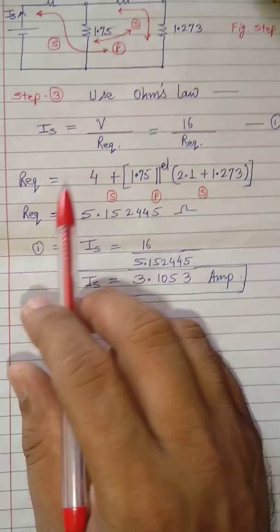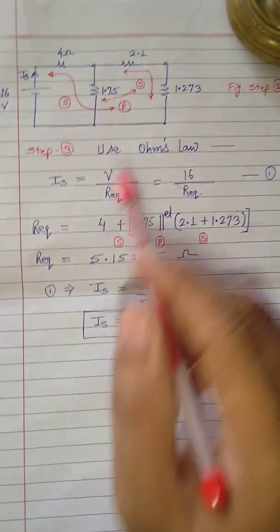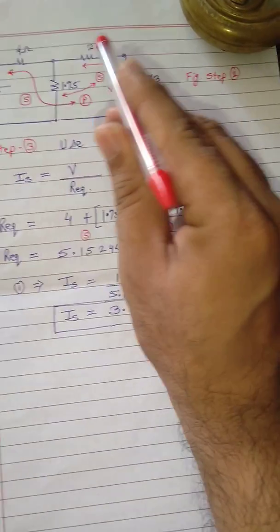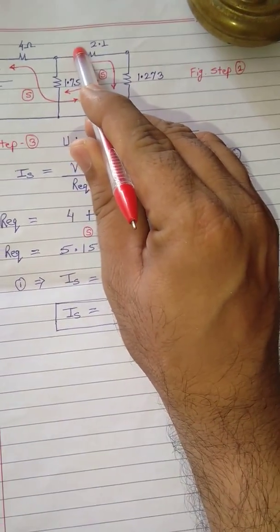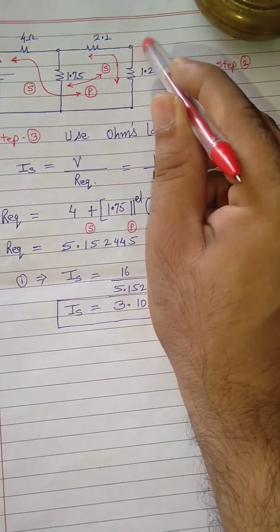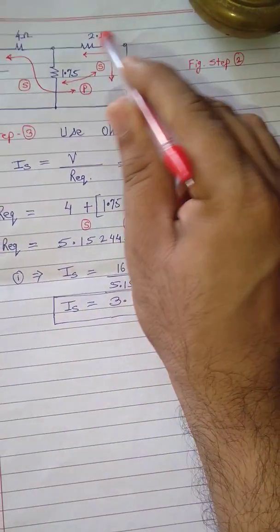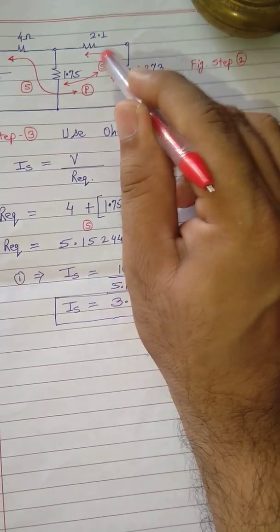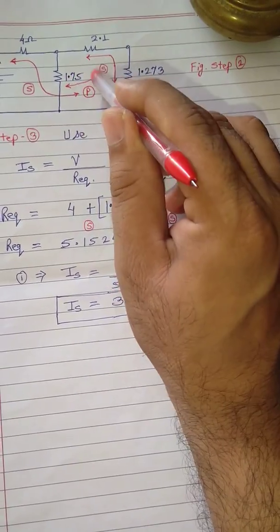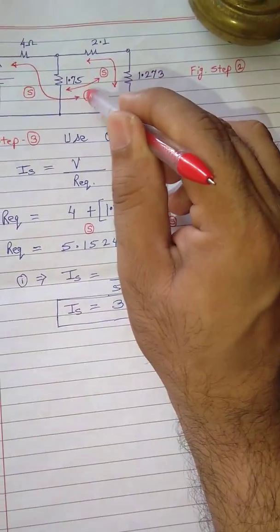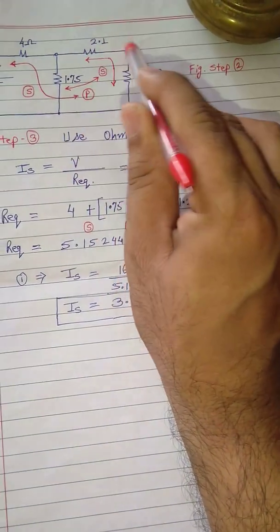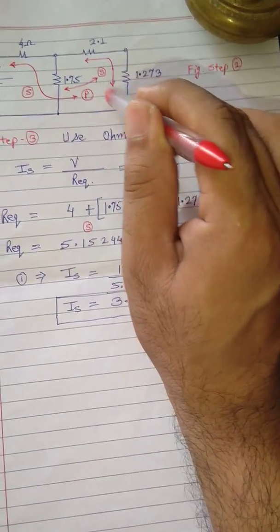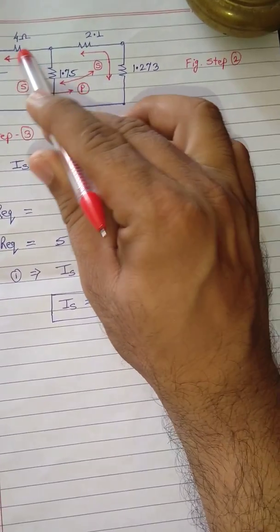Now R equivalent can be found by tracing the resistances connected. If we trace 2.1 and 1.273, we get that these two are connected in series. This series combination is connected in parallel with 1.75, and then this parallel combination, the combination of these three elements, is in series with 4 ohms.